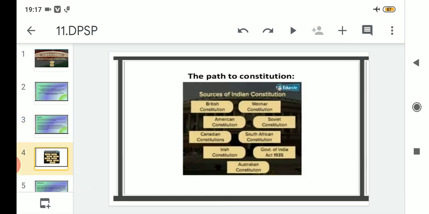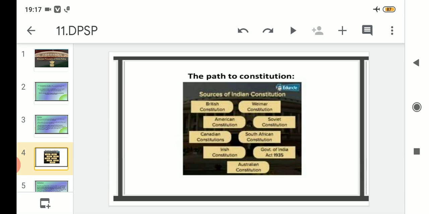With regard to that, we also read about the various sources of the Indian Constitution. If we say that India has a borrowed constitution, then how? Here we can see that many constitutions are there, from which many good things were collected and included in our Indian Constitution.